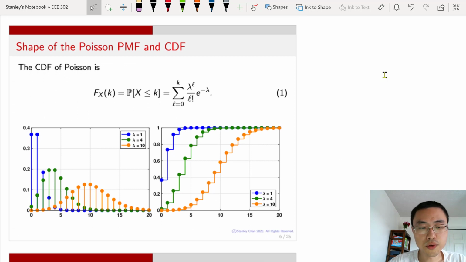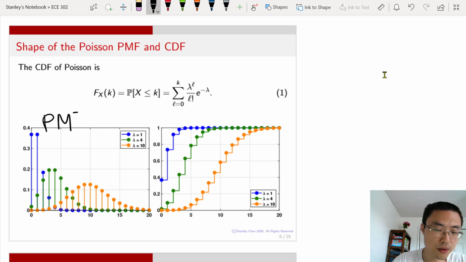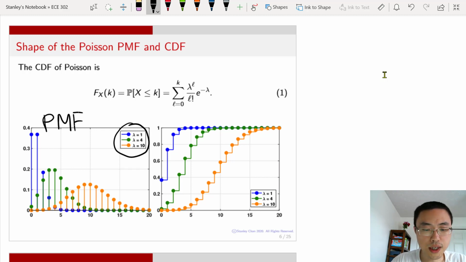And we also want to highlight the cumulative distribution function of the Poisson random variable. On the left-hand side of this slide, I'm showing you the probability mass function of the Poisson random variable at 3 different values of lambda. Here, the blue stands for lambda equals 1, green is lambda equals 4, and the yellow one is lambda equals 10.